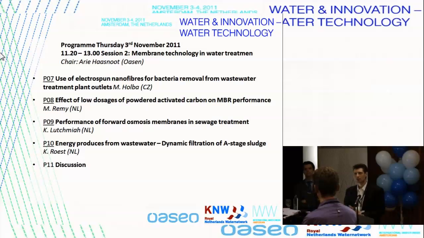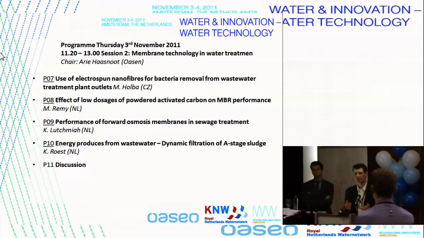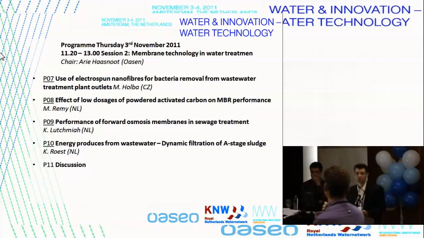And then the next step, which I also have in mind, if dynamic filtration works well and you want to apply this also more often, then you could have the conventional wastewater treatment system with a primary clarifier. You could rebuild the primary clarifier into a sort of A stage. So then you have to apply some aeration in the primary clarifier, and you actually make an A stage. Thank you.